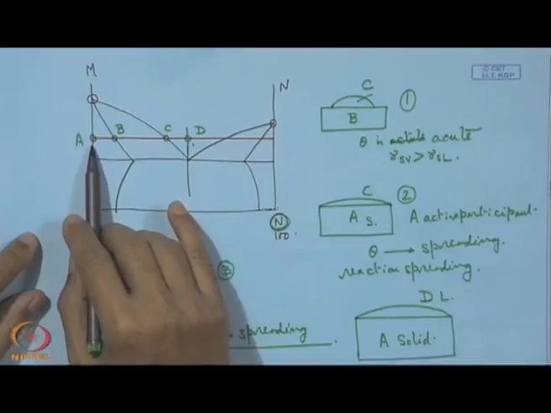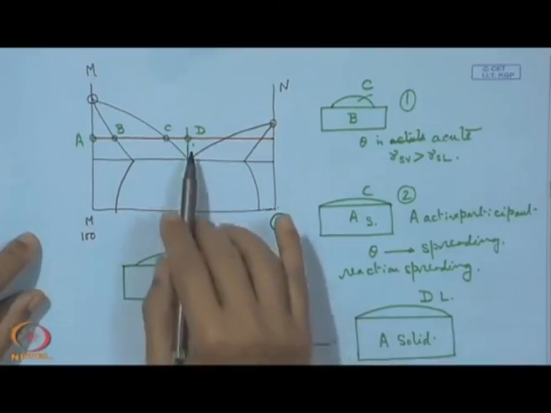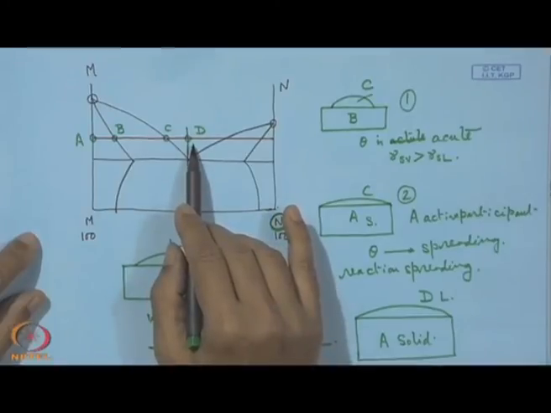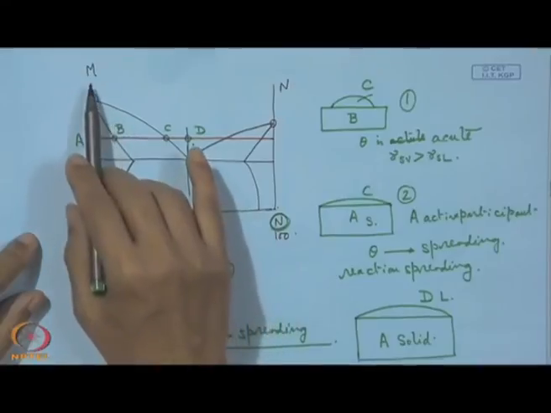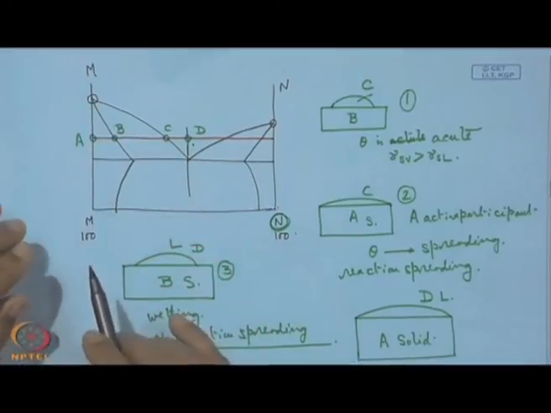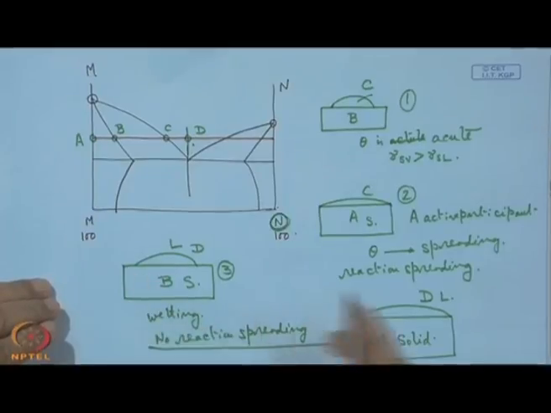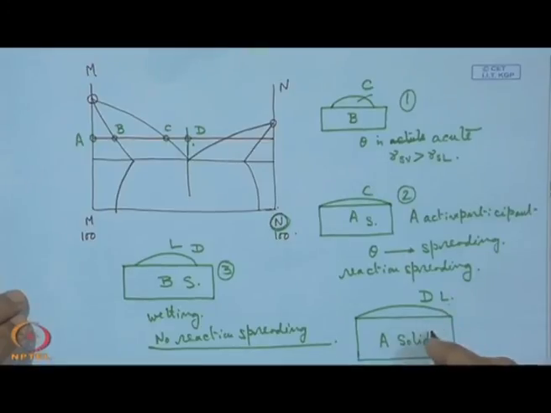A will dissolve some of N from D. At the same time, this liquid D can also dissolve some of the element M from A. That means there will be a change in composition of both liquid and solid across this interface, and in this case we can see that both liquid and solid are actively participating in this wetting or spreading activity, and we can call it reaction spreading.